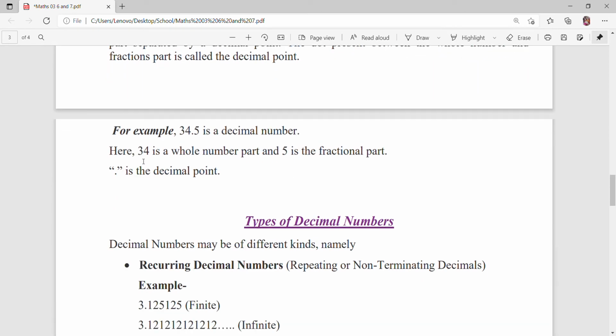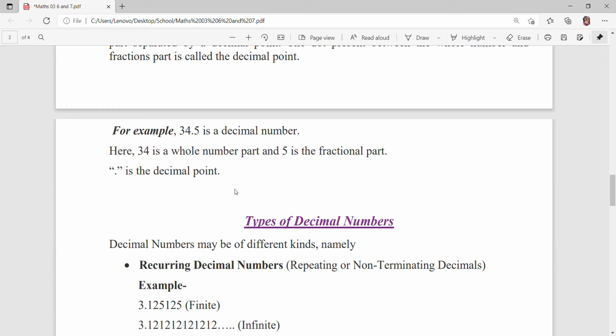See here, 34 is a whole number. The digits on the left side of the point we consider as the whole number. The digits beside the point on the right side we call the fractional part. If you take a number line between 34 and 35, the point exactly between them is 0.5. Take a scale and count the points from 1 to 2.